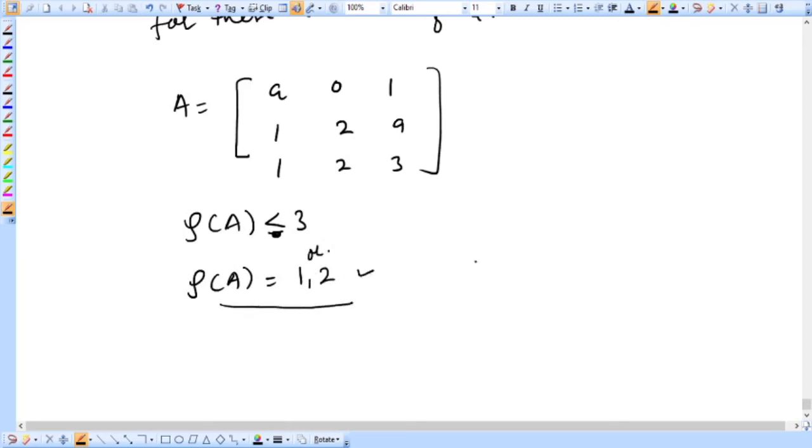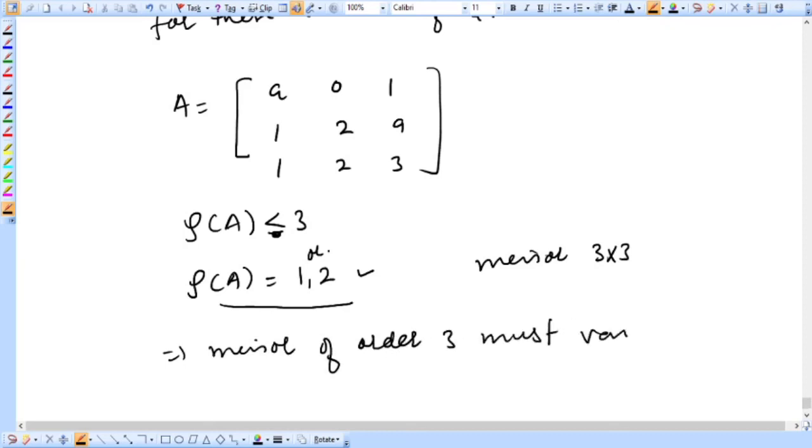It means the minor of order 3 by 3 must vanish. The minor of order 3 in this case is the full matrix, so this implies the determinant of the matrix a 0 1, 1 2 a, 1 2 3 is equal to 0.